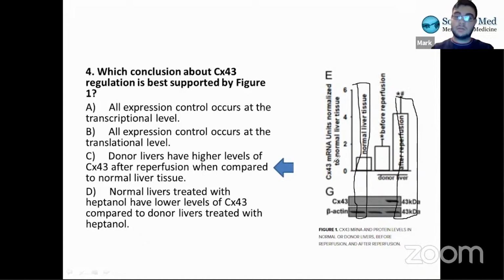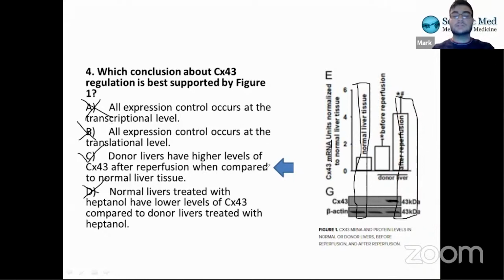You can see the amount of mRNA is higher, and the amount of protein, because of this band, is higher. It's very simple, very easy just to see that. So the correct answer is C, not A or B. Heptanol we're not really talking about right now. We're talking about reperfusion, and we're just basing it off figure 1 because that's what they told us to do. Okay.